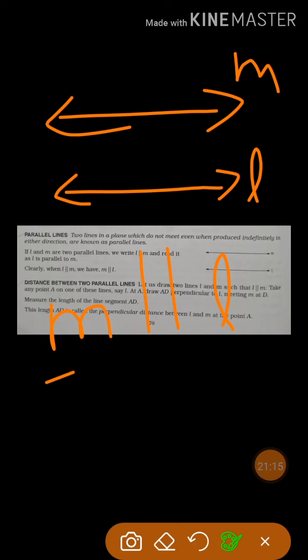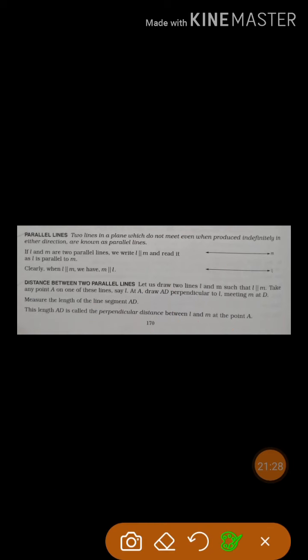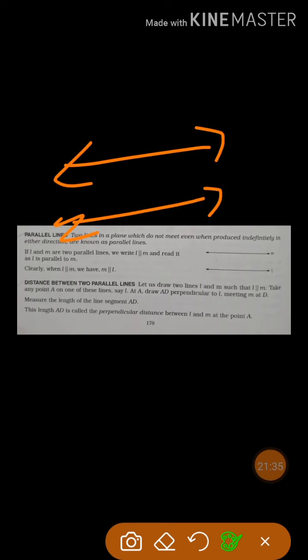This is line M, this is line L, and the sign between them represents that these two lines are parallel to each other. So we write M is parallel to L.